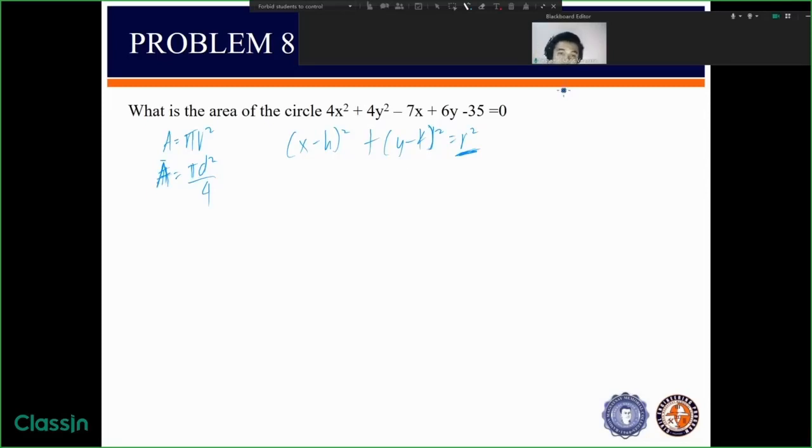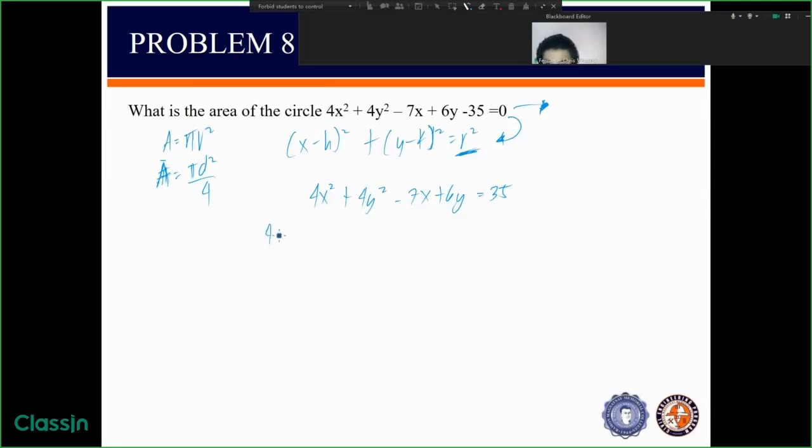So before that, kailangan muna natin i-convert or transform itong general equation into the standard form, which is ganito. Okay, so you have 4x squared plus 4y squared. Kailangan yata natin mag-completing the square din dito. 4y squared minus 7x plus 6y equal to 35. Transpose ko yung 35 sa kabilang side. Okay?